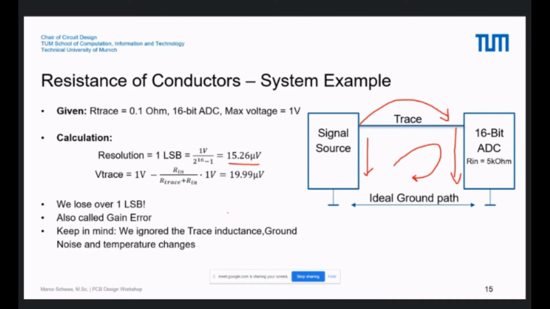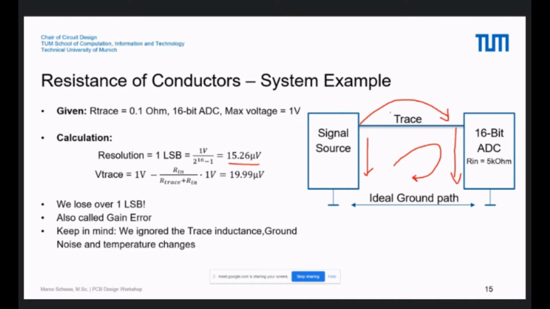There exist a lot of solutions to decrease some problems of the traces. For example, the Kelvin circuit. That means you are using more wires to cancel out the voltage drop. But if you have more signal sources, then you have, of course, more traces and make the circuit bigger.